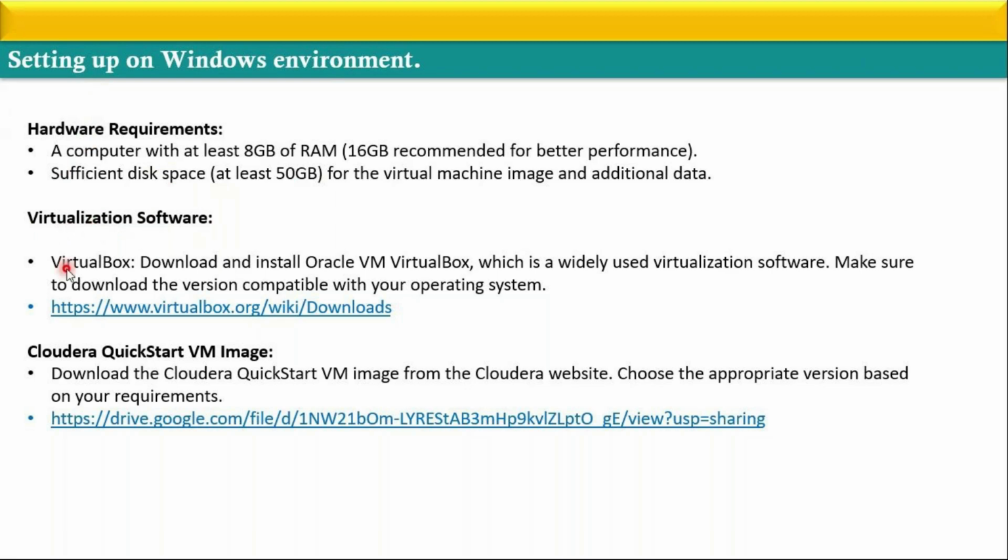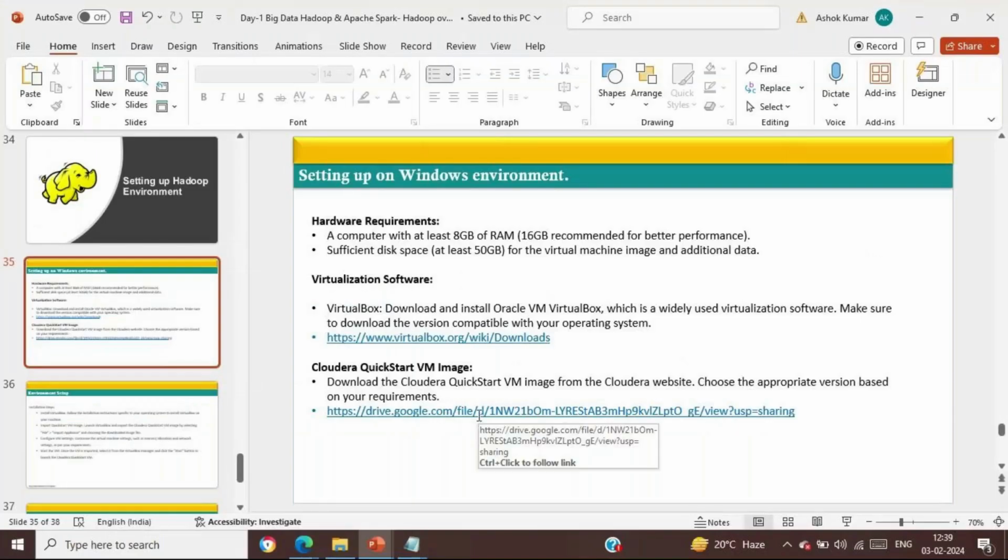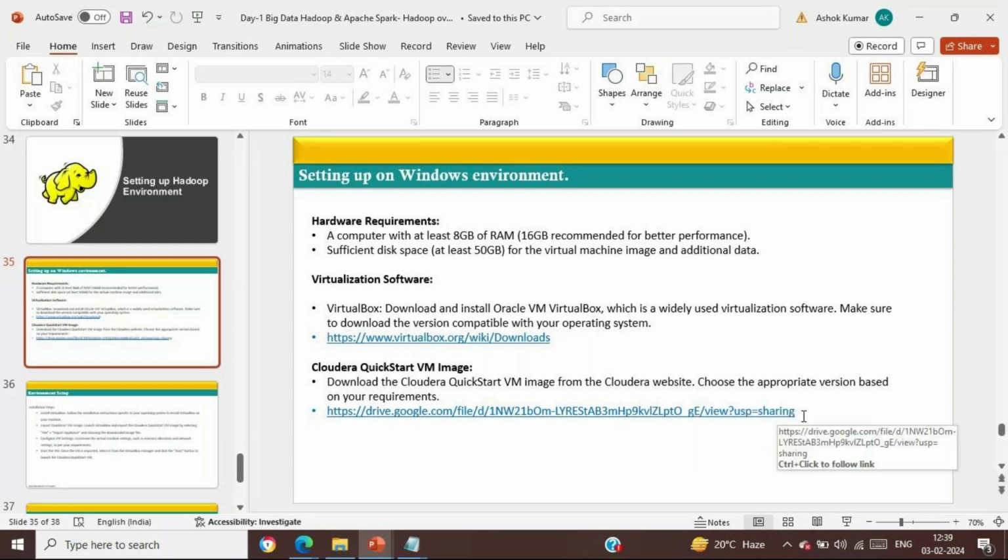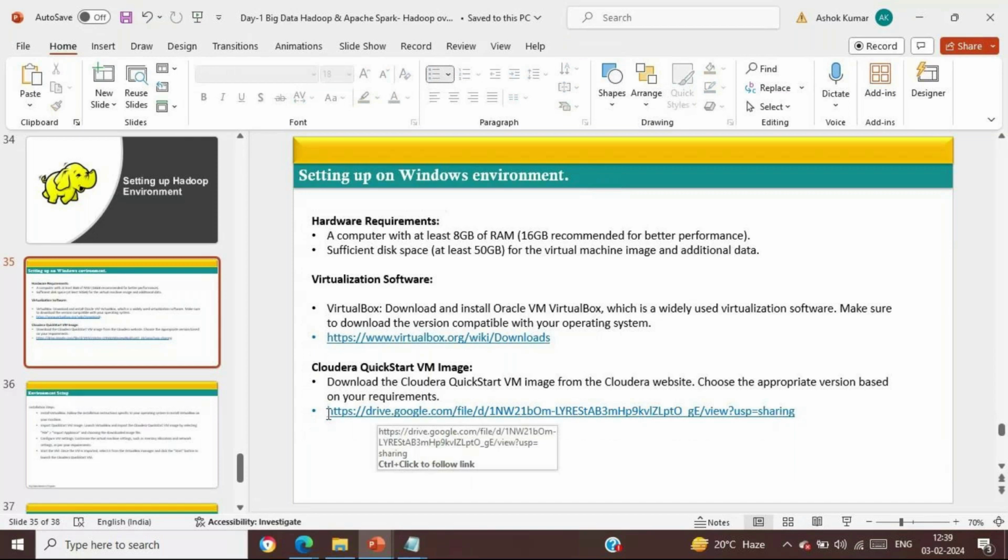Before downloading the Cloudera Quick Start VM, we need to have VirtualBox, and from this particular link we will be able to install VirtualBox on our machine. Once VirtualBox is there, from this link you will be able to download the Cloudera Quick Start VM. It is almost a 5.6 GB file, so it will take some time. Then you need to import this file inside VirtualBox.